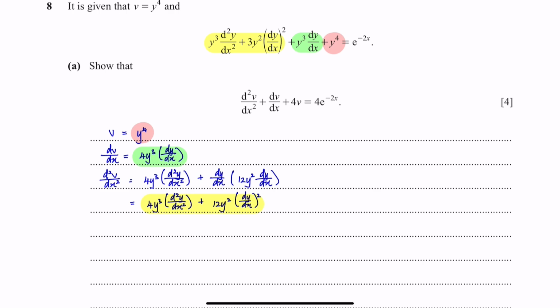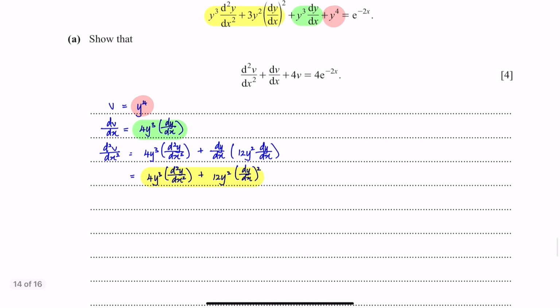So we can write the original equation down first. So y cubed d2y/dx squared plus 3y squared (dy/dx) squared plus y cubed dy/dx plus y to the 4 equals e to the negative 2x.